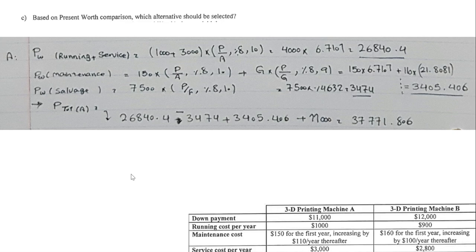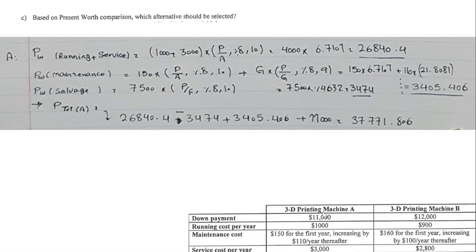So for the present worth of the running service, this is the annual worth. According to this question, we have to pay 3,000 and 1,000 every year. So 1,000 plus 3,000 is something which should be paid annually. If we want it as a present value, we calculate present over annual.